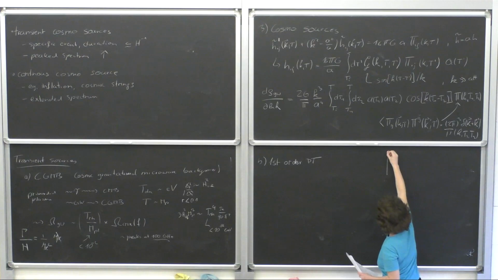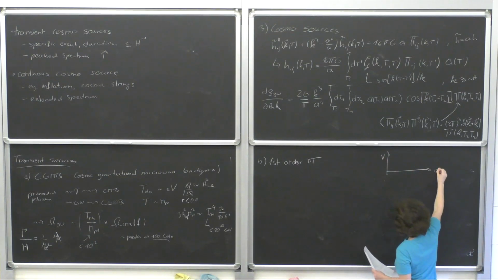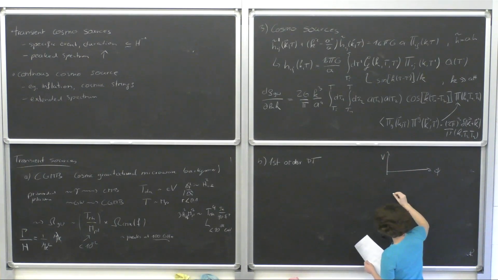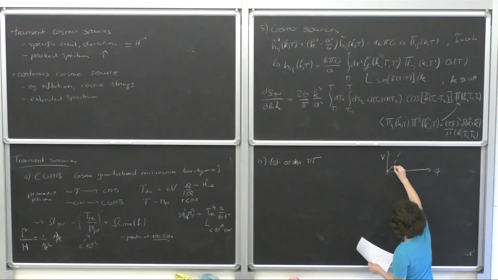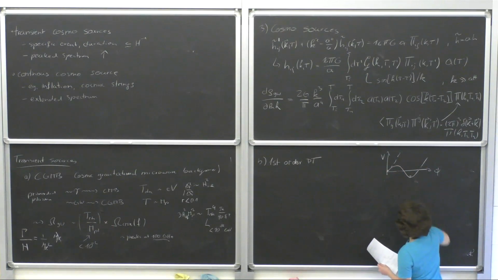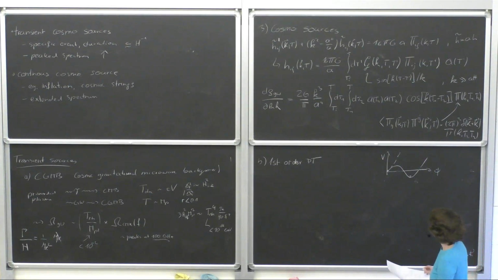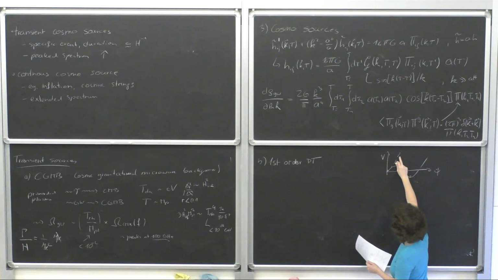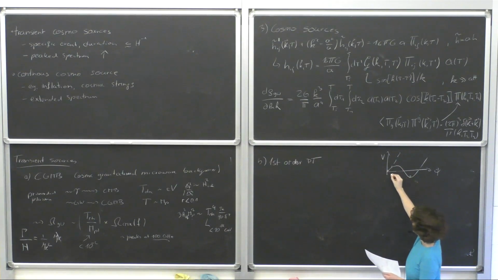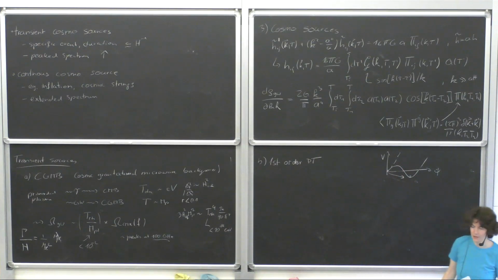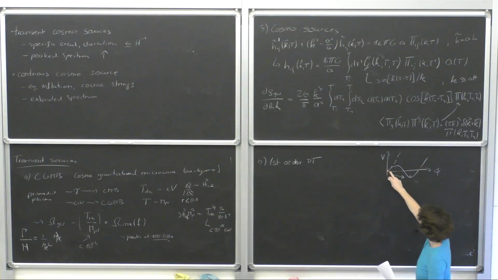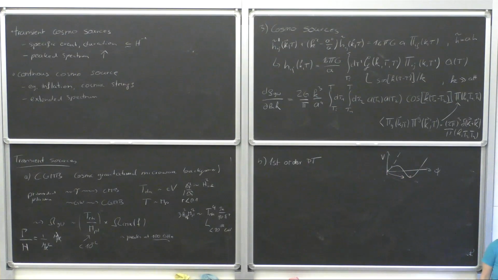Imagine I have some scalar potential, depending on some field phi, and at high temperatures phi is safely at the origin, and at low temperatures the symmetry is broken, and phi gets a VEV. The point with the first order phase transition is that as I go from this situation to this situation, I have to tunnel through this barrier. There's no point where I can just safely roll from here to here, but I actually have to go through the tunneling process.